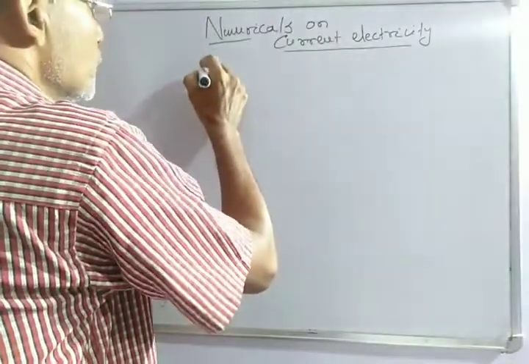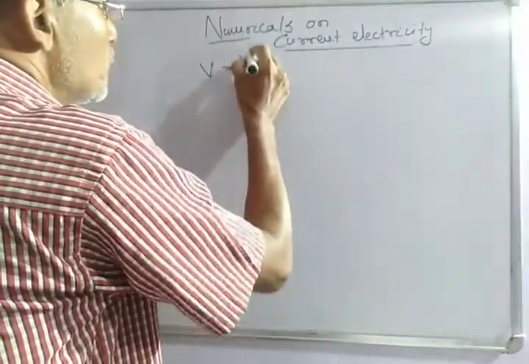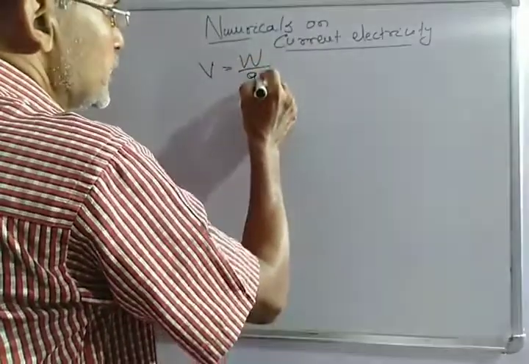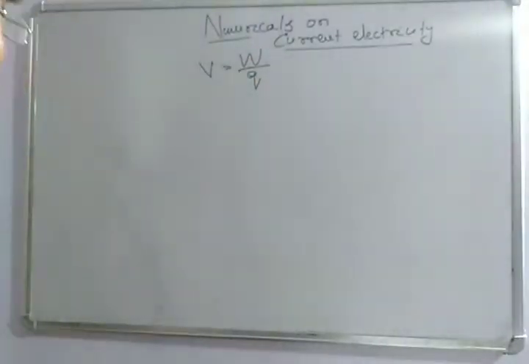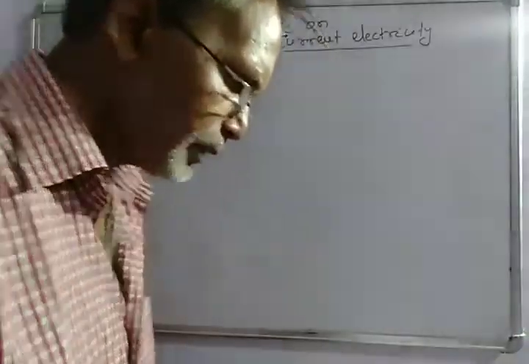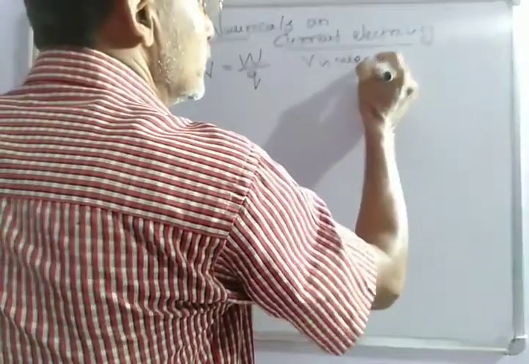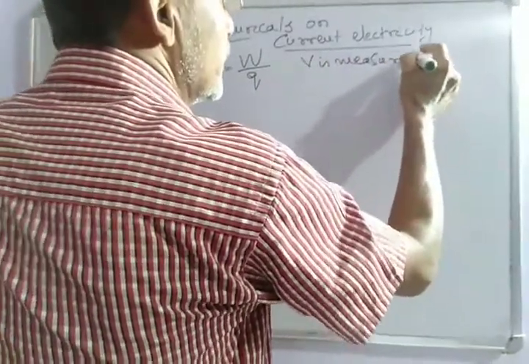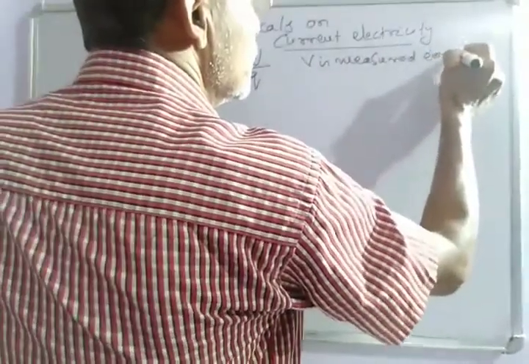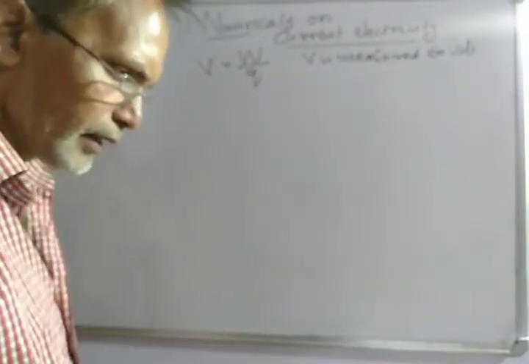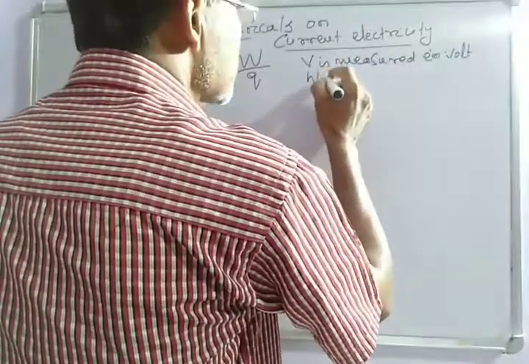V is equal to W by Q. What do you mean by V? V is measured in volt. That means the unit of V is volt, and W is measured in joules.